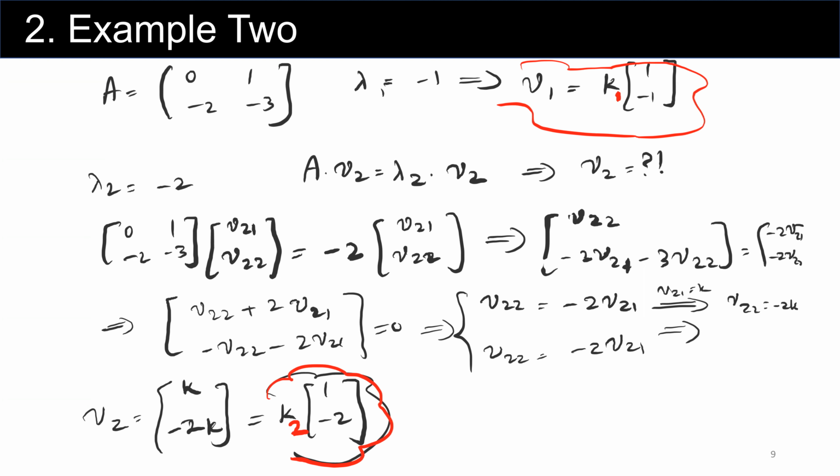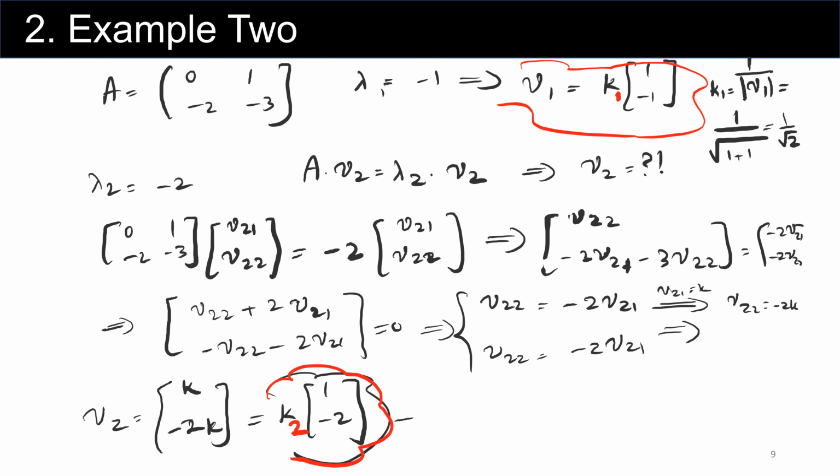One specific scenario for eigenvectors that we are usually interested in is eigenvectors whose norm is equal to 1. What does that mean? That means k1 is equal to 1 divided by norm of V1, 1 divided by square root of 1 plus 1, or 1 over square root of 2.